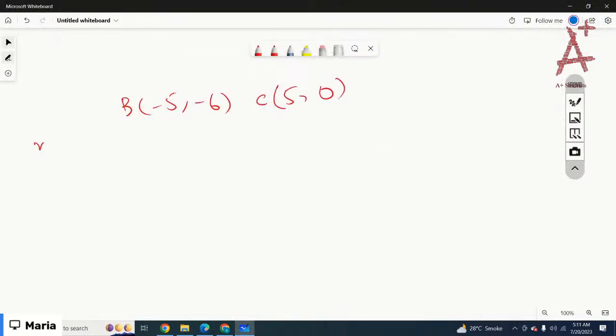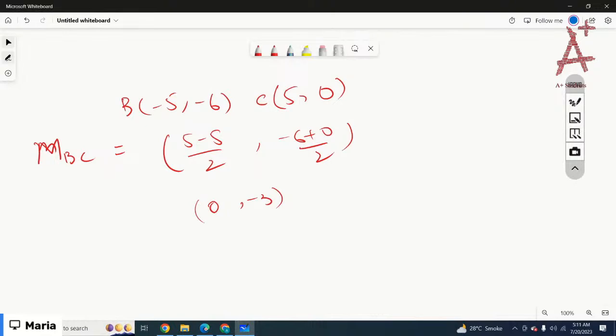Let's calculate the midpoint of BC. 5 minus 5 is 0 over 2, and -6 plus 0 over 2. So it is 0 and -3. The midpoint is (0, -3).